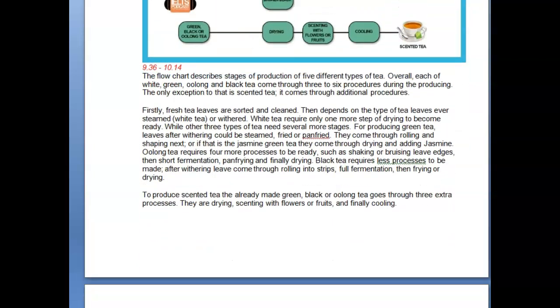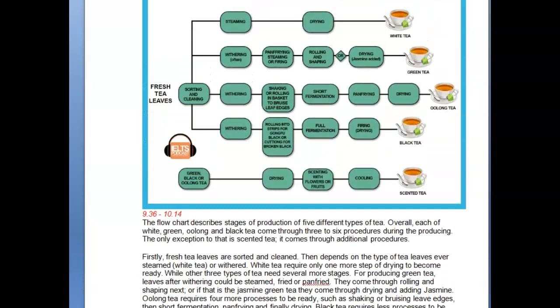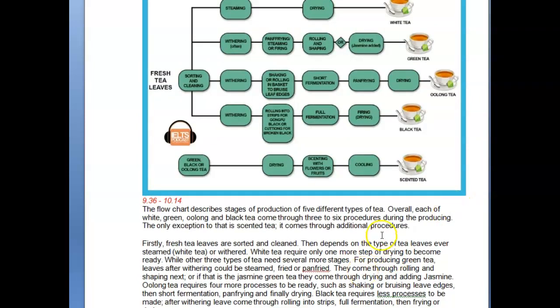Firstly, fresh tea leaves are sorted and cleaned. Then, depending, with an "ing" here, depending on the type of tea leaves, I don't understand this. Wait. Okay. Then, depending on the type of tea, oh, okay.